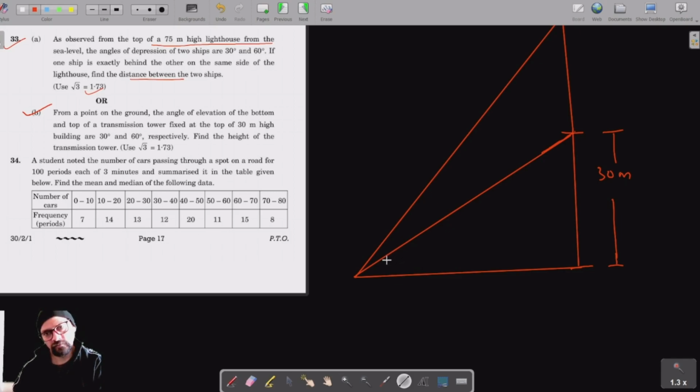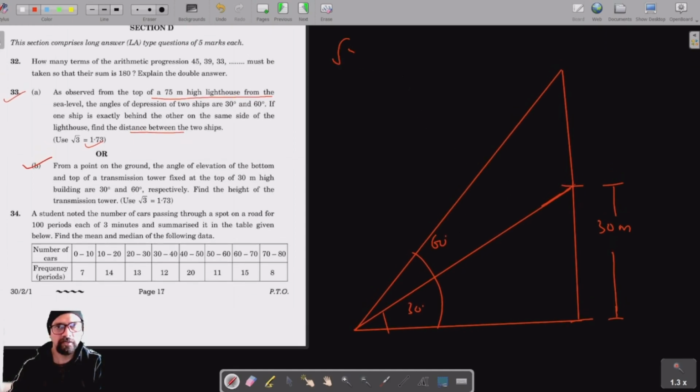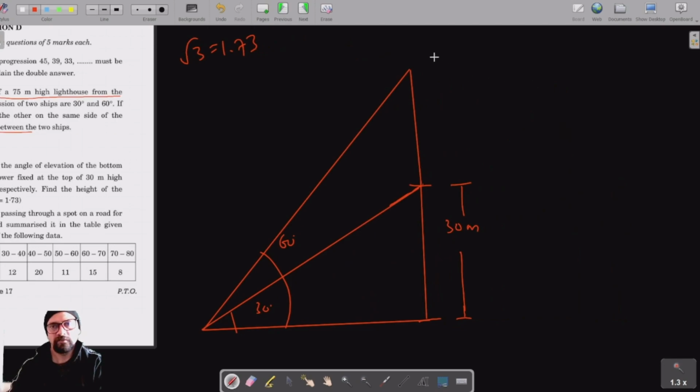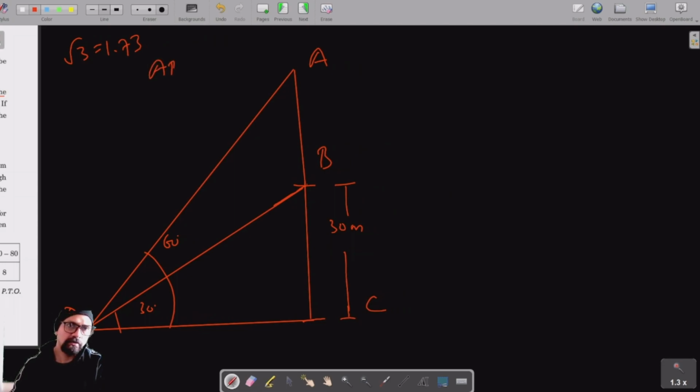So this is 30 degrees, and this is 60 degrees with the top.